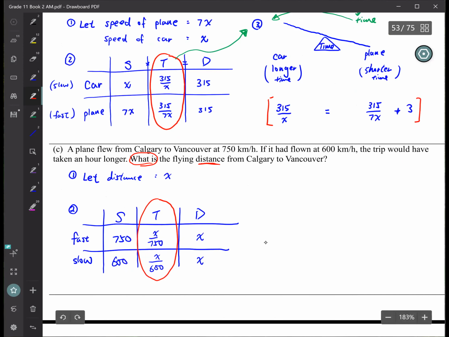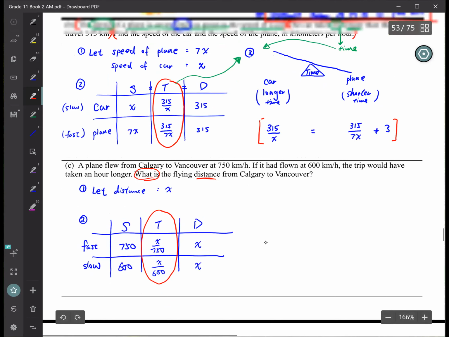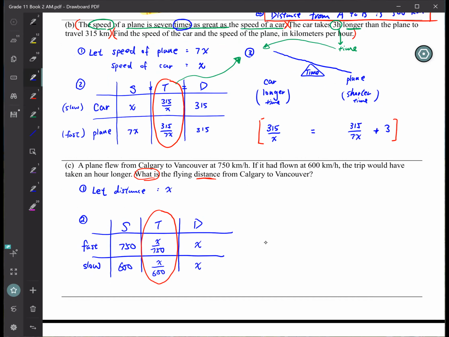Right, so once you get here, we need to think about how to make an equation. So we search our question here. See, we break it down into three parts: one sentence, and then another sentence, and then another sentence.